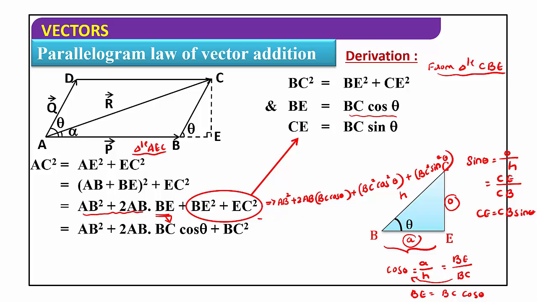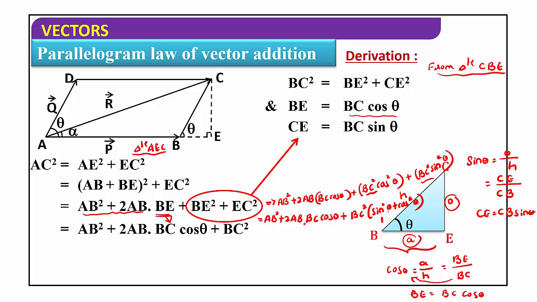Now we can write AB square plus 2AB into BC cos theta, plus BC square, here also BC square. So we can take BC square outside. Remaining is sin square theta plus cos square theta.